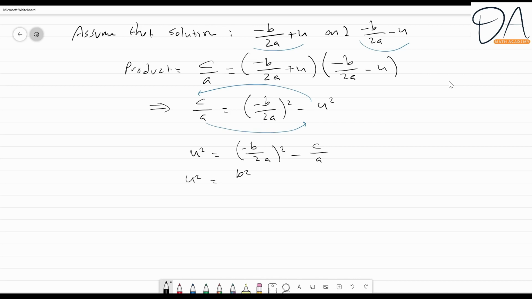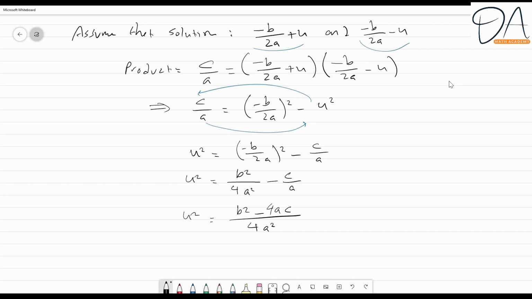When you square, the negative sign will go. I can also write this one in the following form. I take 4a squared as a common denominator, so we'll have b squared minus 4a squared divided by a. This will give us 4a times c.